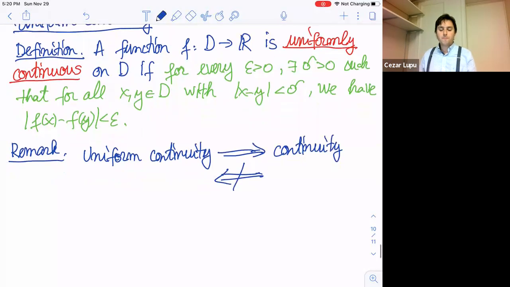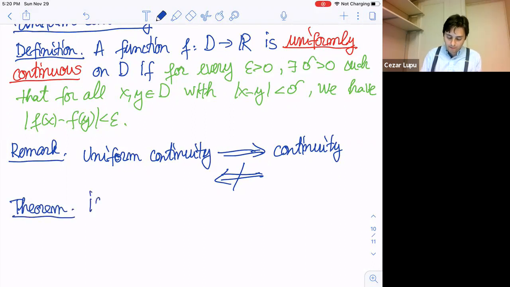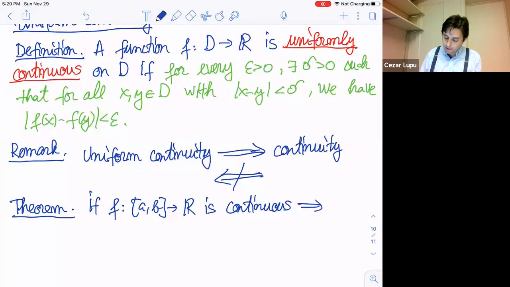But there is this theorem which tells us exactly when a continuous function is uniformly continuous. The theorem says the following: if f is defined on a closed and bounded interval [a, b] and is continuous, then f is uniformly continuous.